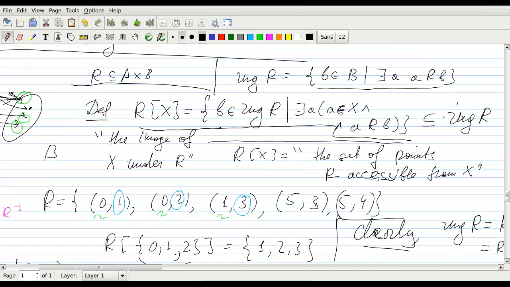This is just the set of all points where we have an arrow which goes from some point in x. Some point is rendered symbolically via the existential quantifier. From some a from x, there is an arrow. Any more questions?